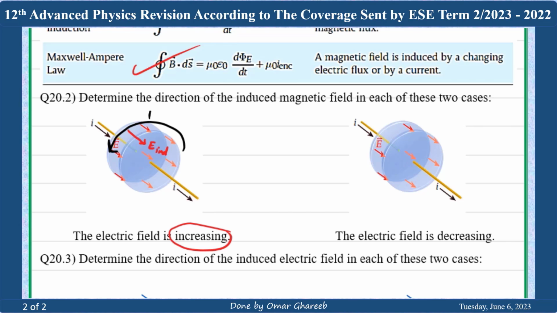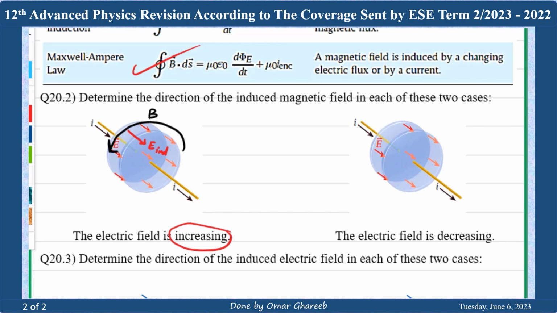So this is the direction of the magnetic field. It's counterclockwise. So if the electric field is increasing, the induced electric field should be in the same direction, and the right hand rule gives you the direction of the magnetic field.